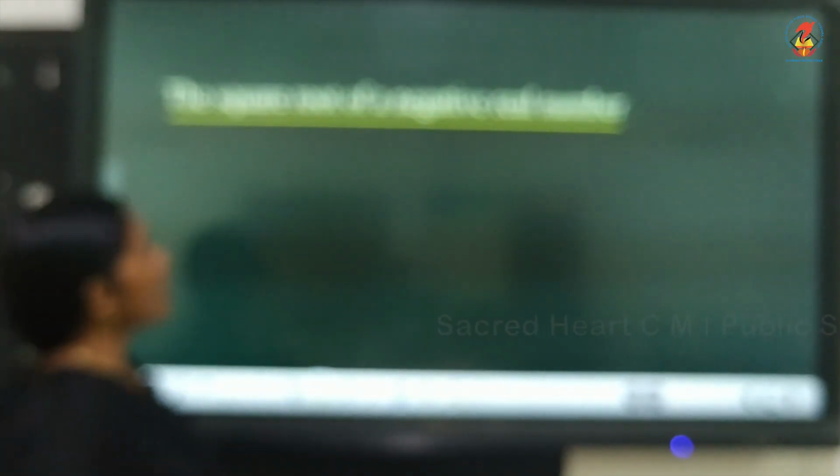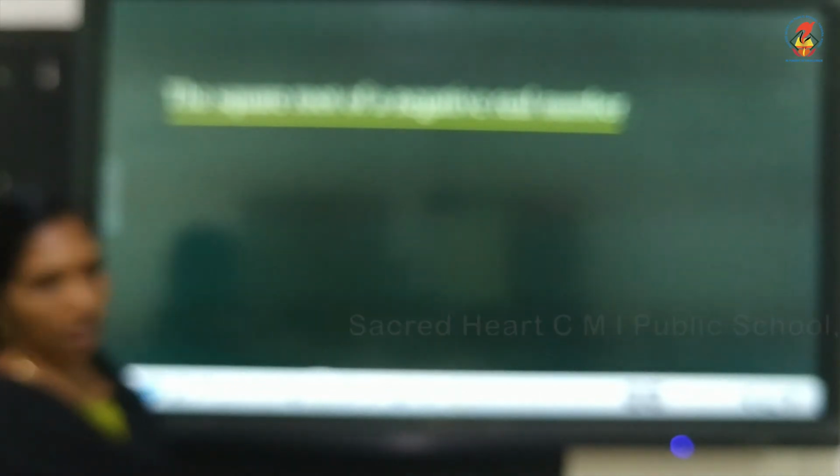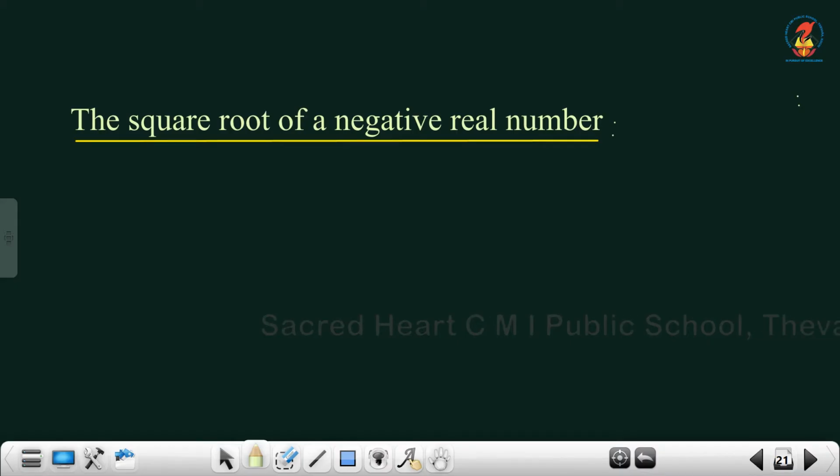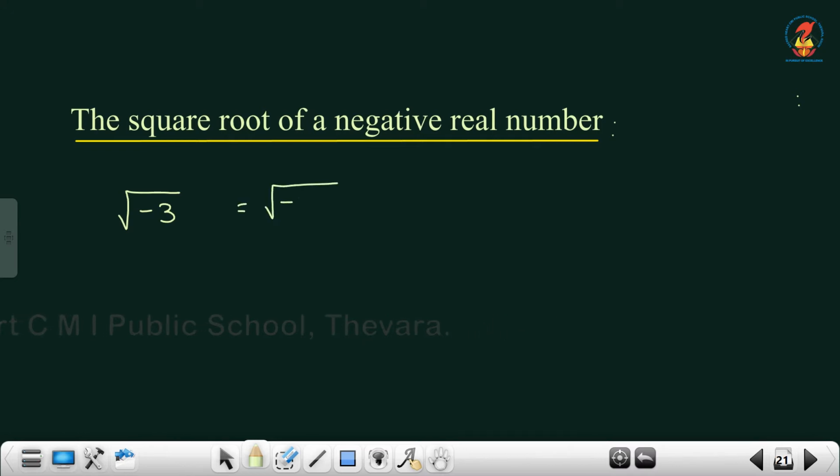Now, next is the square root of a negative real number. So, if it is root of minus 3, it is not a real number, it is an imaginary number. So, how we write is, we can write minus 1 into 3. Then we can split as root of minus 1 into root 3.